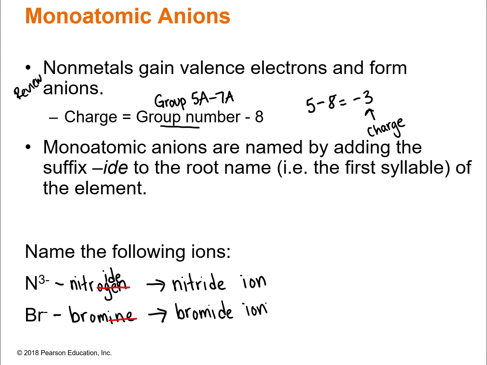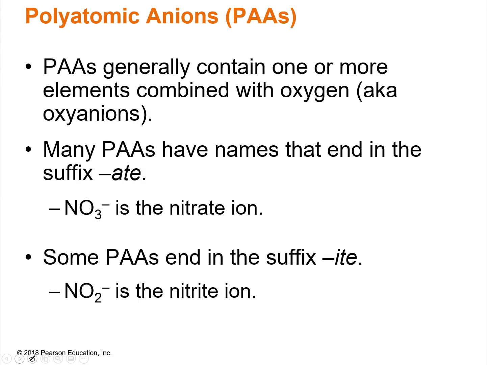So that's how you name the monoatomic anions. You keep the first syllable, get rid of the rest, replace it with IDE, followed by the word ion. Everybody good on that? With this chapter, there's a lot of memorization of rules, and you have to practice how to apply them. These rules are not difficult, there's just a lot of them. So practice, practice, practice.